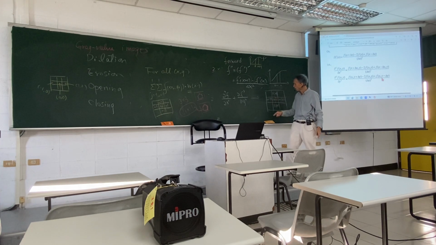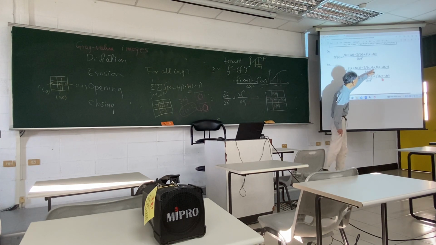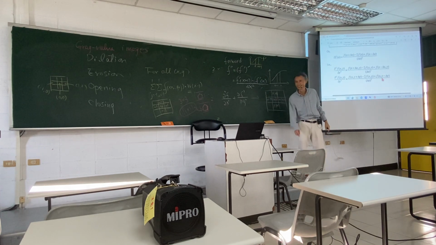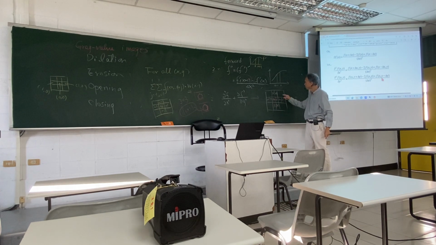What about x minus 1 and 1? Here, this is x minus 1. It's 1, 1, 1, and 1. I should put minus 4 in the center. And this is 1, 1, 1, and 1. What are these corners? There's no coordinate for these points, right?